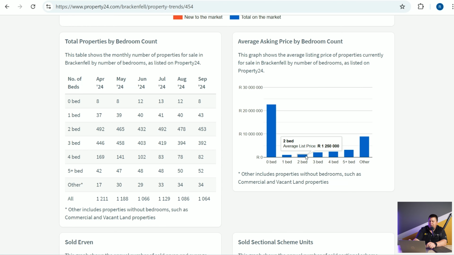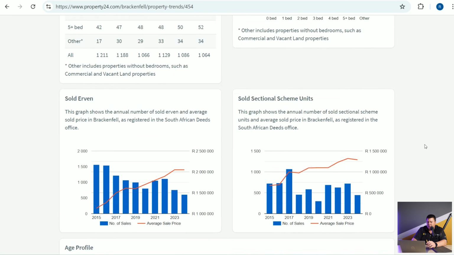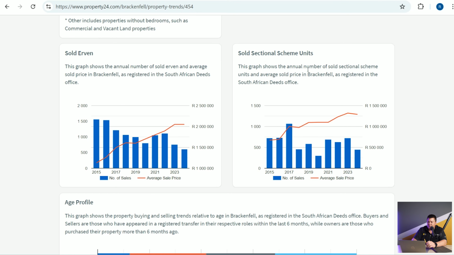So that average price there is probably heavily overpowered by the sectional title 2 bedrooms compared to your townhouses. Again, if you're looking through this and you then go and do a traditional listing search on Property24, looking at the two, I think it will help you understand these areas better if you are not from them.